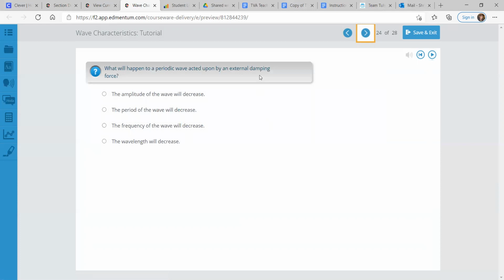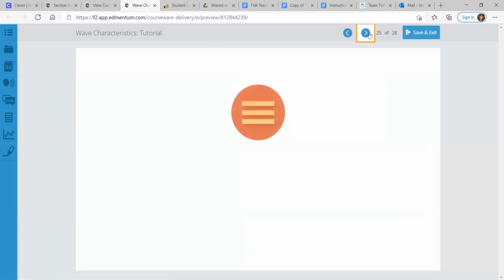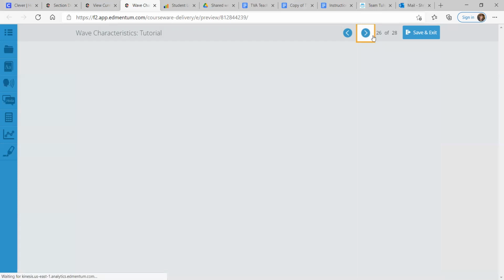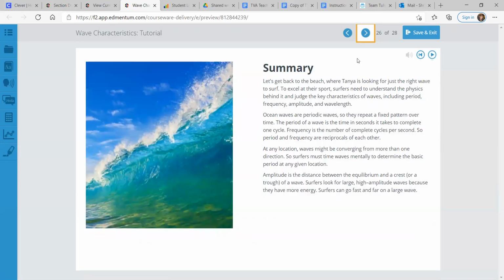What will happen to a periodic wave acted upon by an external damping force? Like we said, damping force dampens the amplitude. It lowers the amplitude of the wave. So in summary, if you remember Tanya surfing in the introduction, she was looking for the right wave to surf.